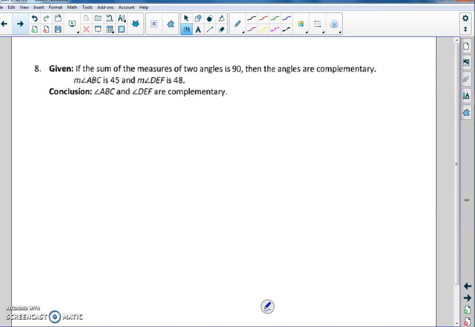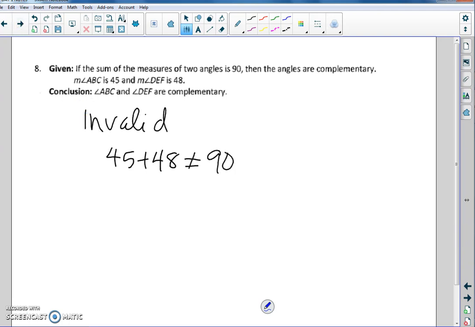So you got it, the sum of the measures of two angles is 90, then the angles are complementary. You tell me angle ABC is 45, and measure of angle DEF is 48. So can I conclude that angle ABC and angle DEF are complementary? No, why not? Yeah, 45 plus 48 does not equal 90, so they can't be complementary.